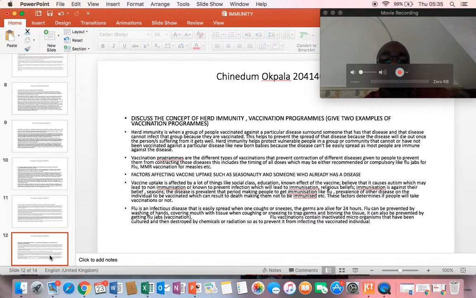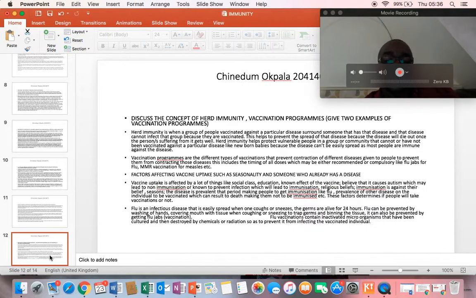Herd immunity helps protect vulnerable people in a group or community that cannot or have not been vaccinated against a particular disease, like newborn babies, because the disease can't easily be spread as most people are immune against the disease.